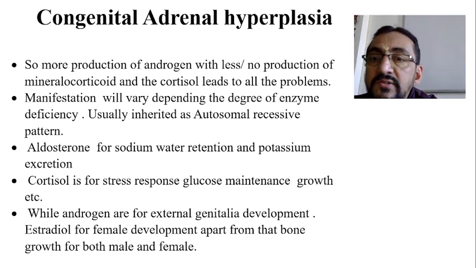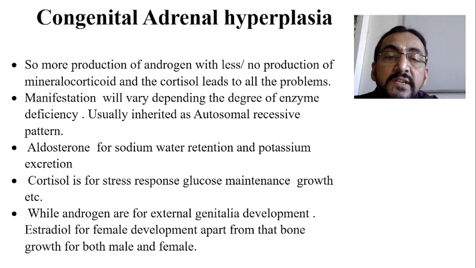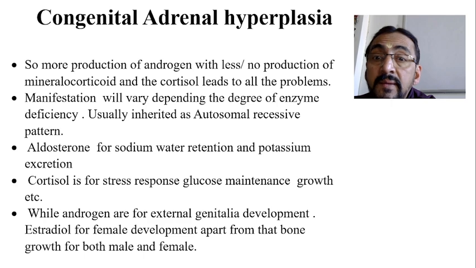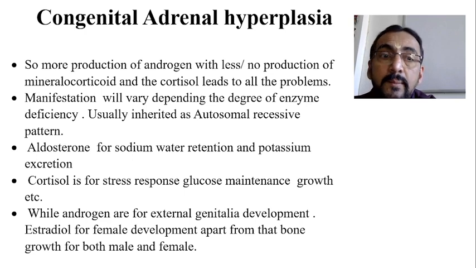As we know, aldosterone is very important for sodium and water retention and potassium excretion. Cortisol is very important as a stress response hormone, and also for glucose maintenance, so without it there will be hypoglycemia, and cortisol is also important for growth. What is the importance of androgen?